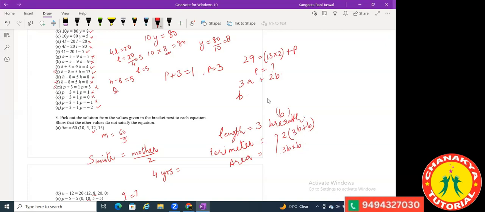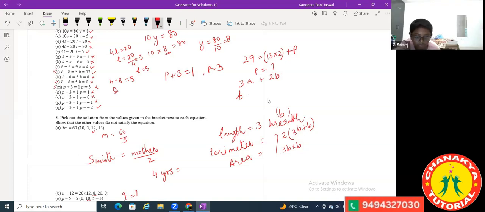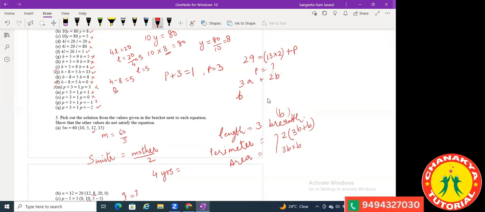You are taking mother's age as x and Sunita's age will be x by 2. Okay. Now if I take Sunita's age as x, mother's age will be 2x. Sunita is half of mother's age, no?